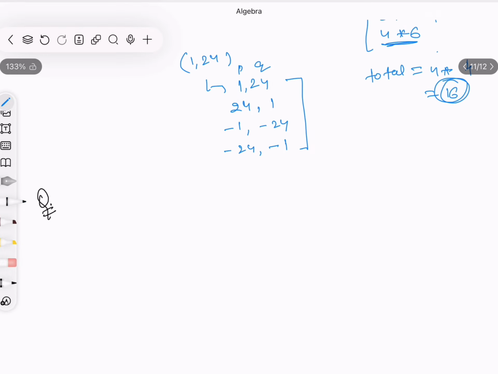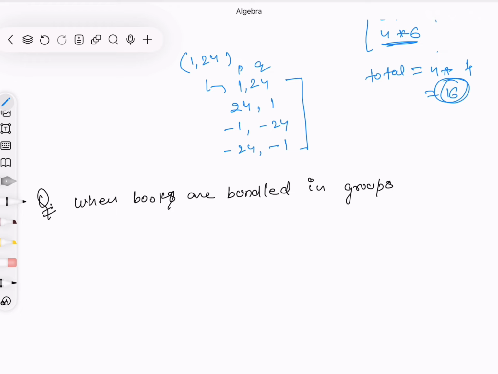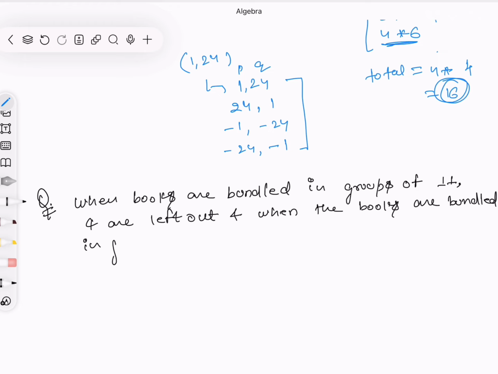This is a question that has been seen in CAT as well. It is given that when books are bundled in groups of 11, 4 are left out, and when the books are bundled in groups of 9, 1 is left out.